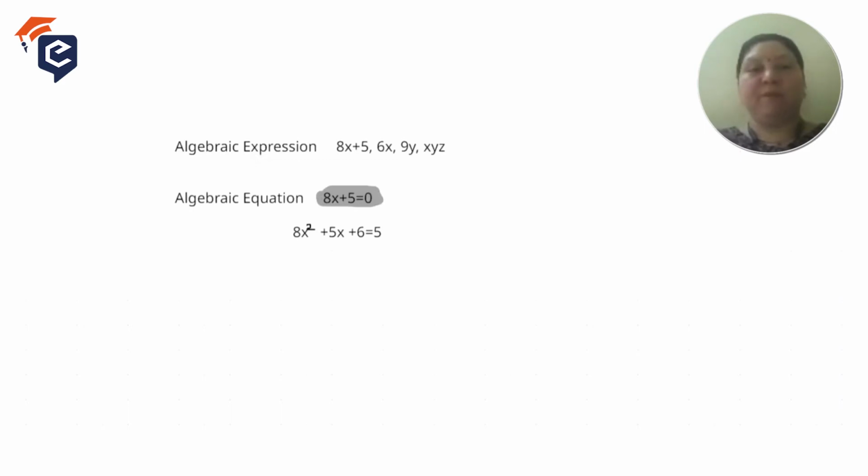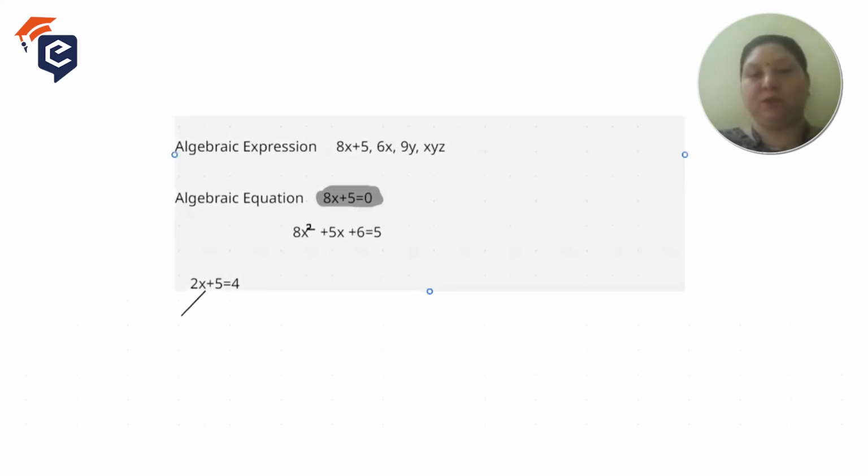Whenever we have this type of terms, I'll give one more example. Suppose I am taking 2x plus 5 equals 4. Here we have two sides. One term is on the right hand side of the equation, and the other is on the left hand side.